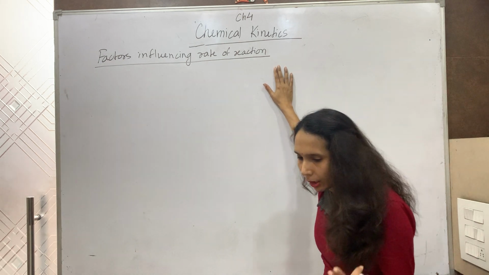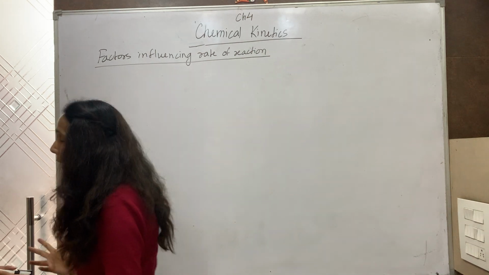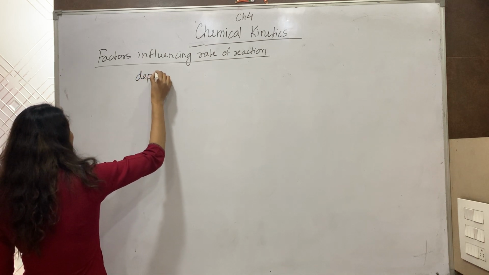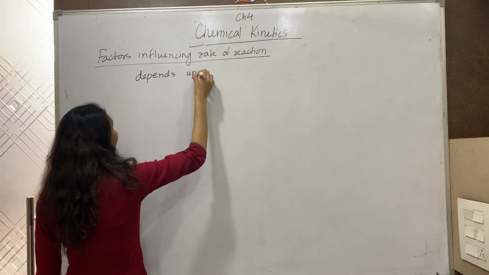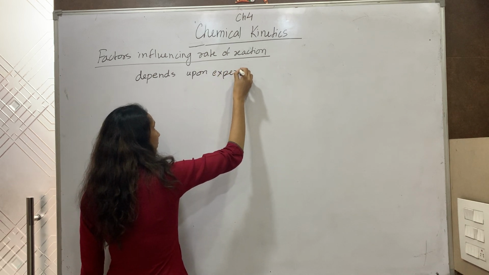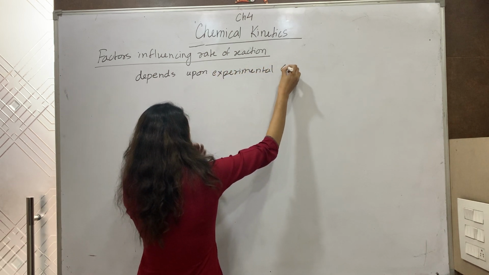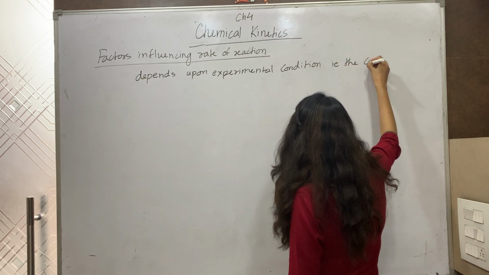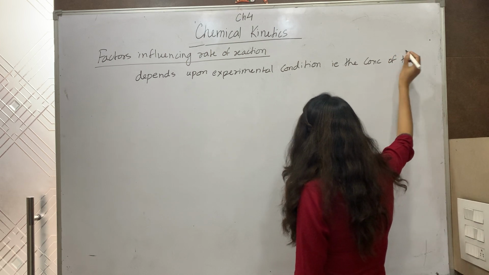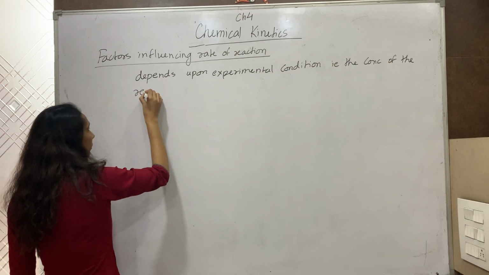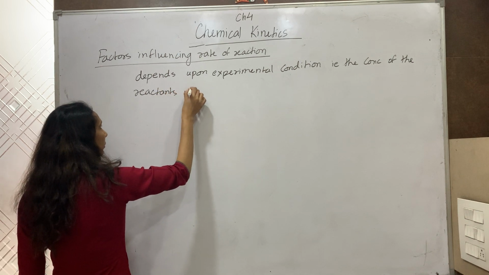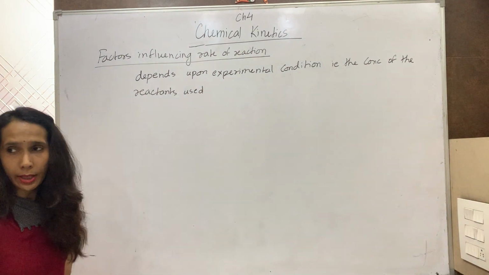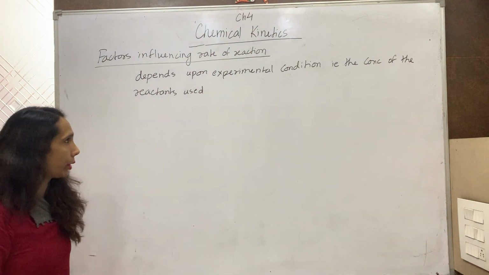Now when a chemical reaction is carried out, the rate of reaction depends upon experimental conditions. Experimental conditions, that is the concentration of the reactants used, however, if gases are involved, then pressures can be taken instead of concentration.